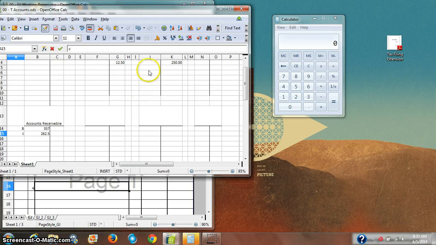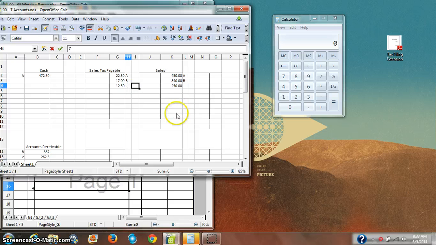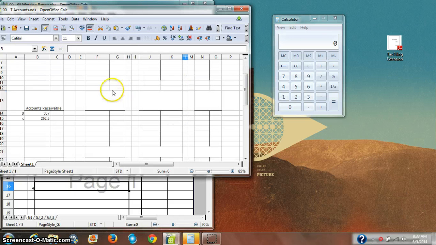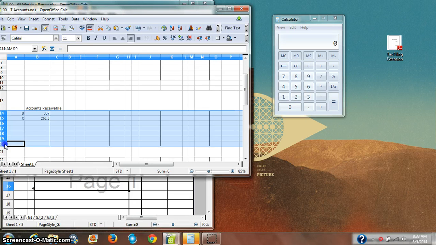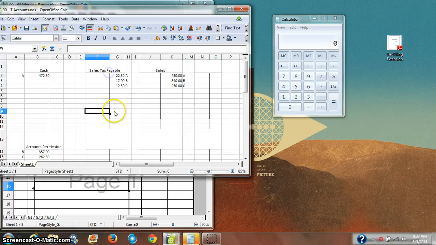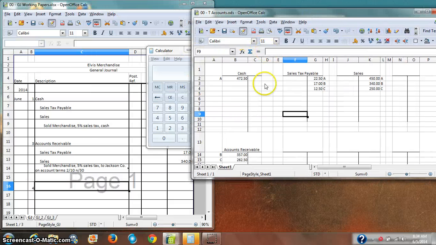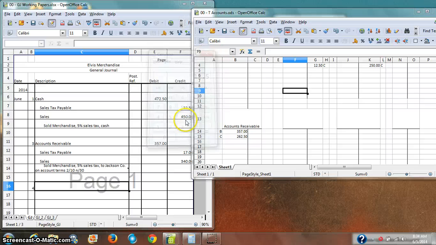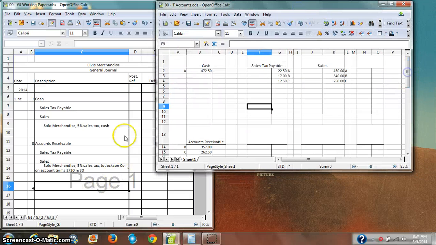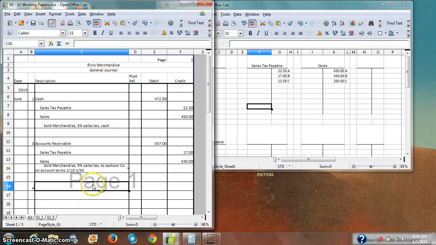That's transaction C. And I can go here and make this second row so that it gives all of the decimal points I want. So there's that. There it is. Pretty much just like the last one, in fact. This is on account. So here we go.